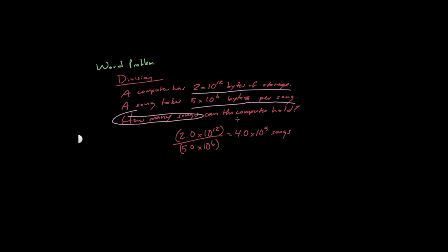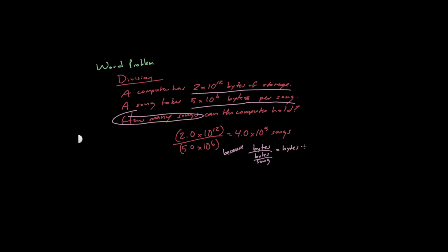So type it in, and you should end up with the same answer there. The reason, I'll put another because: on the top you've got an amount of bytes, and you're dividing it by an amount of bytes per song. When you divide those, if you know how to divide fractions, you keep the first one and flip the bottom one.